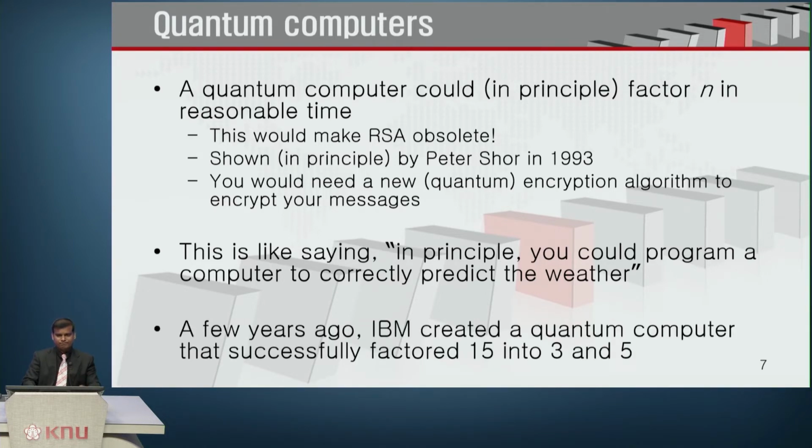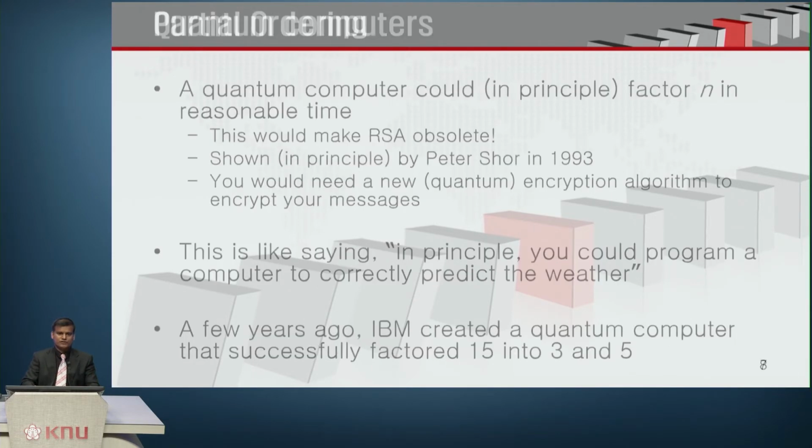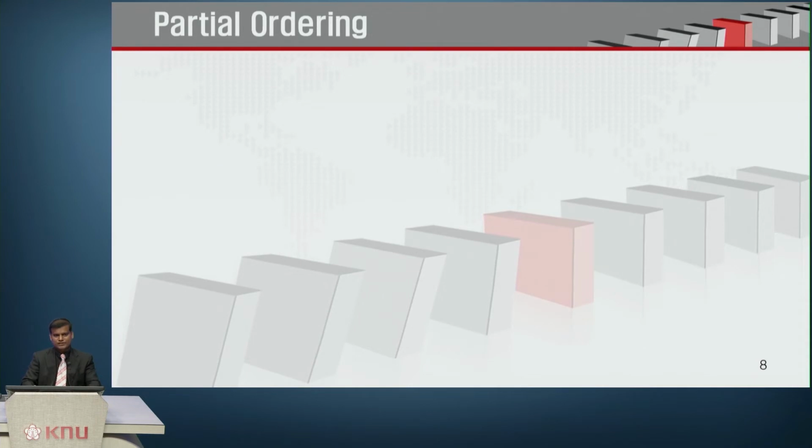We know that IBM created quantum computers, and other companies also have these kinds of quantum computers, the real things in hand. They use so-called qubits instead of the binary bits that we use for traditional computers.